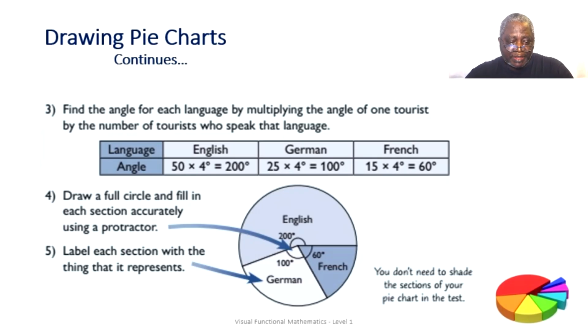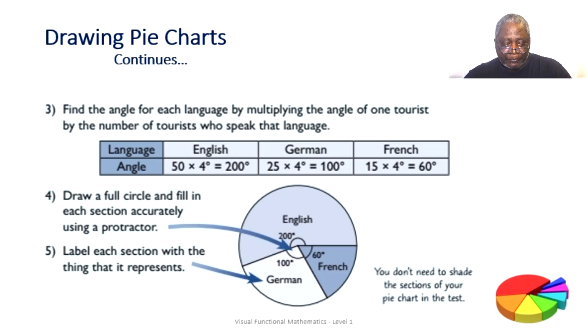So to draw the pie chart, find the angles for each language by multiplying the angle of 1 tourist by the number of tourists who speak that language. So that's your layout for your chart.